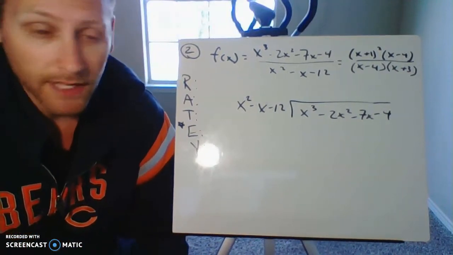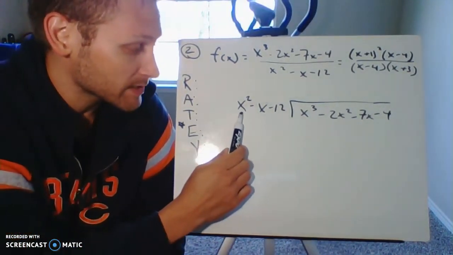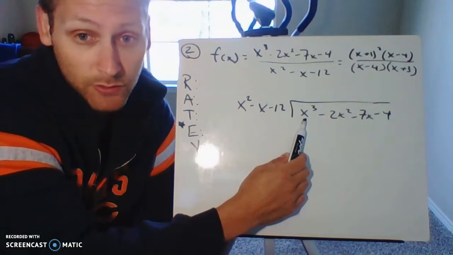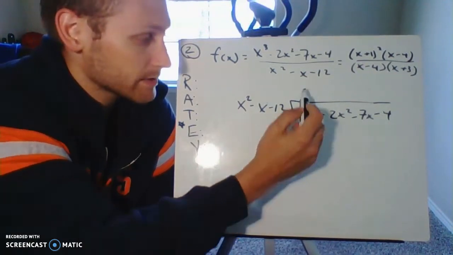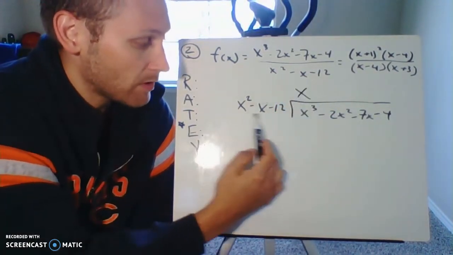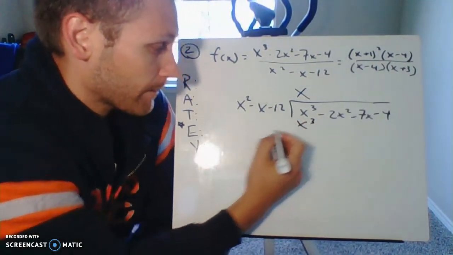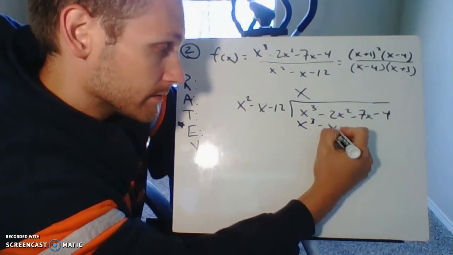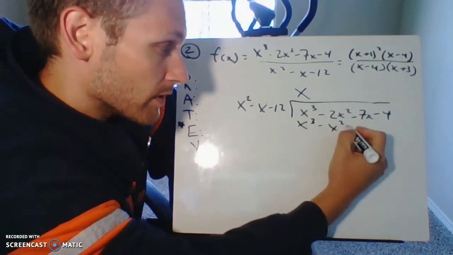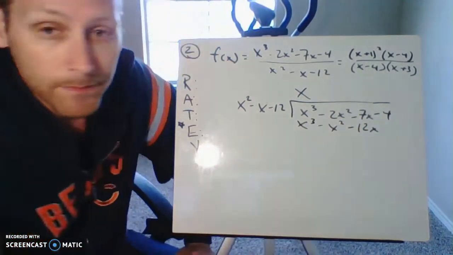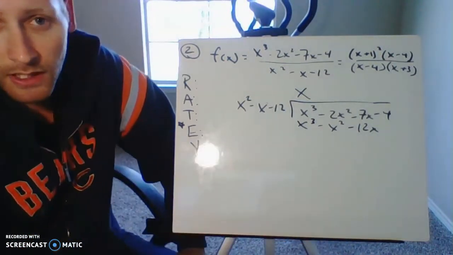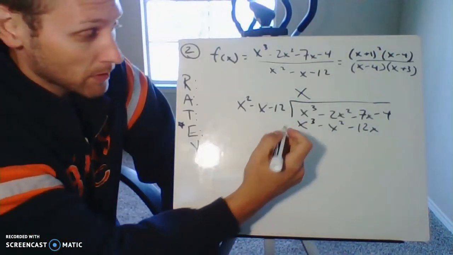When we divide this, we just ask ourselves, what would I have to multiply x squared by to get x cubed? And that's just one more x. But I have to distribute all of this to that. So then I'd get minus x squared and minus 12x. Now I have to distribute a negative sign because I'm taking away this from all of that.